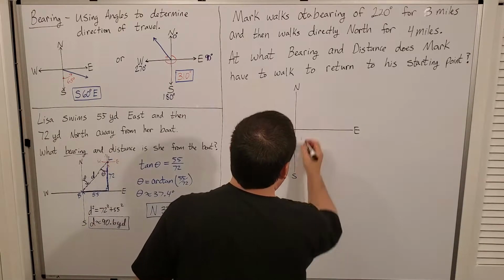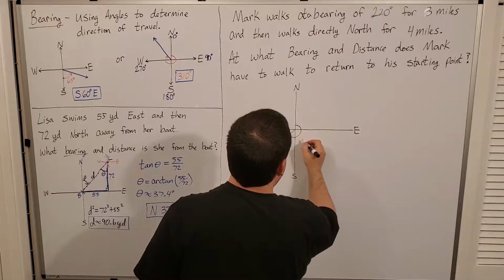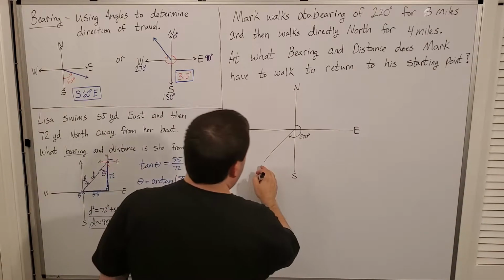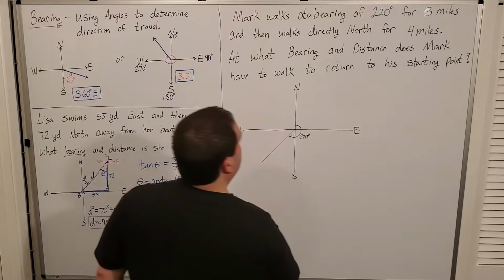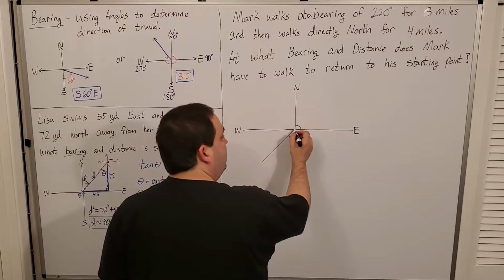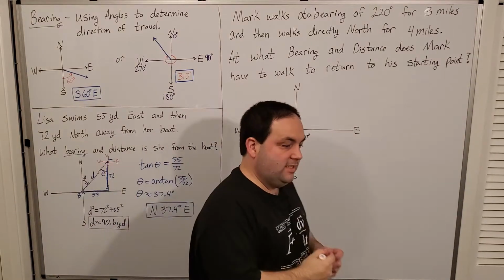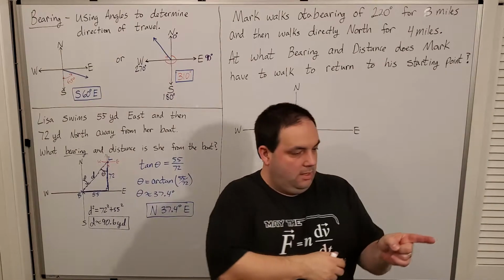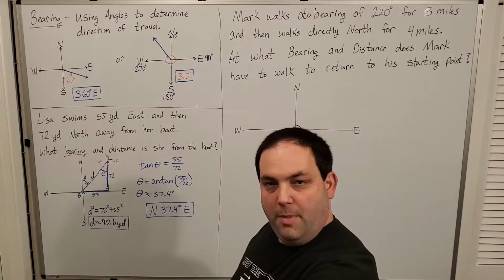Okay? So then this angle right here is 220 degrees. And it says that he walked 3 miles. So this is the starting point right here, okay? What this basically means is at his starting point, he took his compass and said, there's 220 degrees and go for 3 miles.